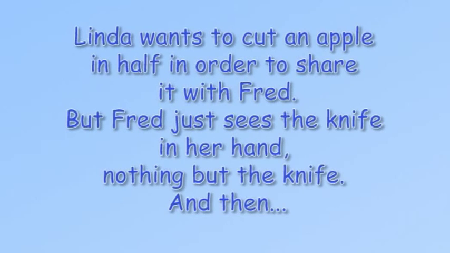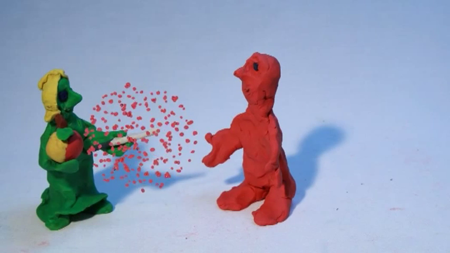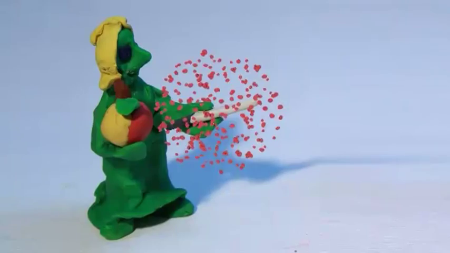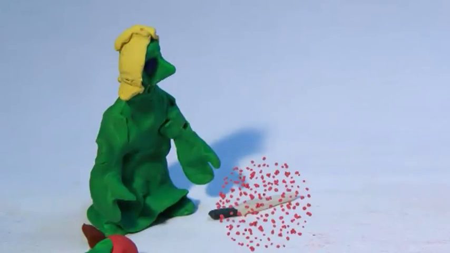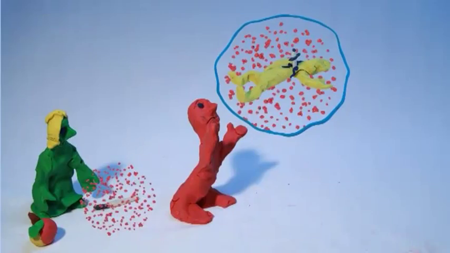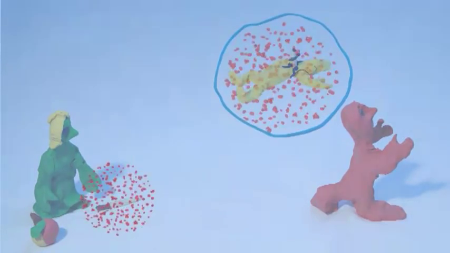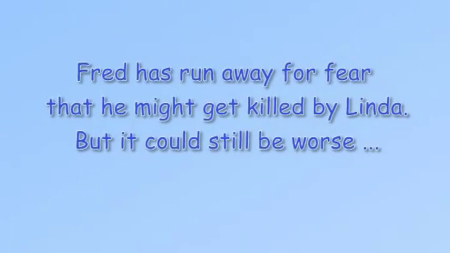Linda wants to cut an apple in half in order to share it with Fred. But Fred just sees the knife in her hand, nothing but the knife. And then Fred has run away for fear that he might get killed by Linda.